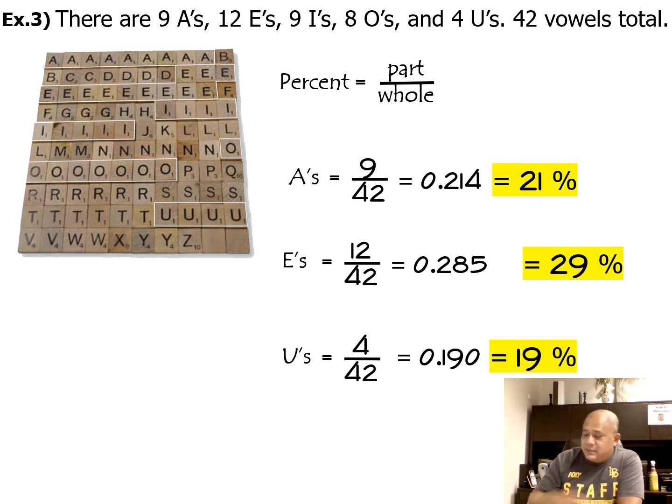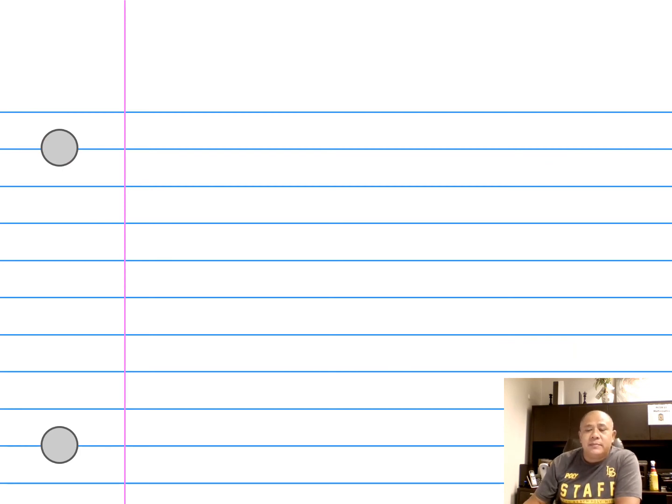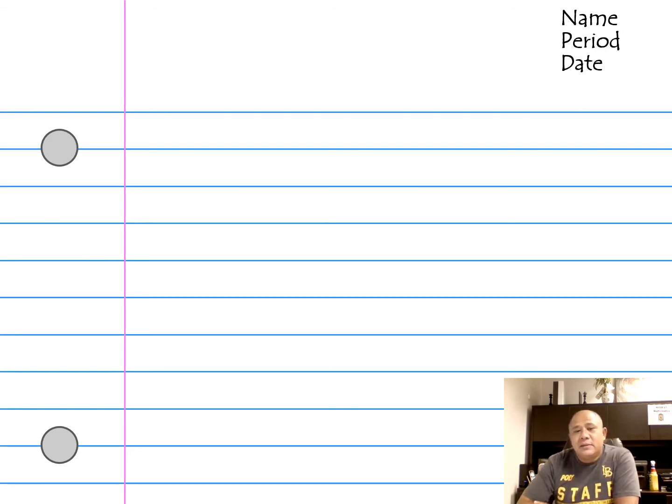And at this point, let me give you your assignment. So I'm going to give you some time to pull out a piece of paper. Okay, here's your assignment. Put your name on your paper, the period, and the date. And again, there's two ways to submit this. You can either take a picture and send it, or you can just fill in the blanks, fill in the answers.